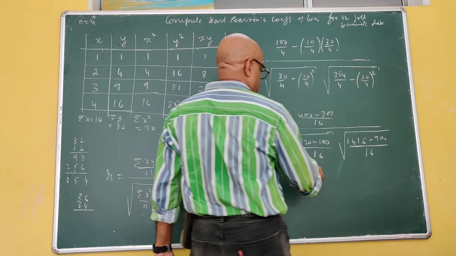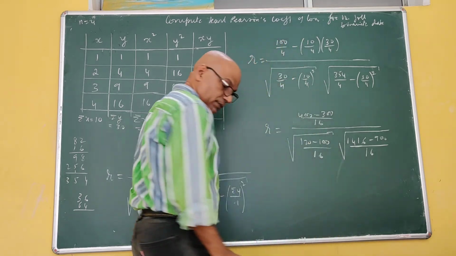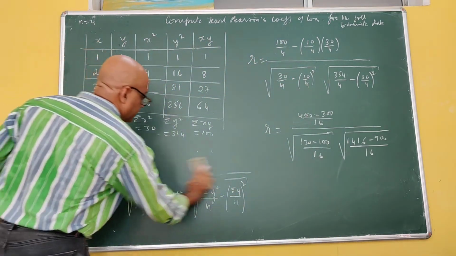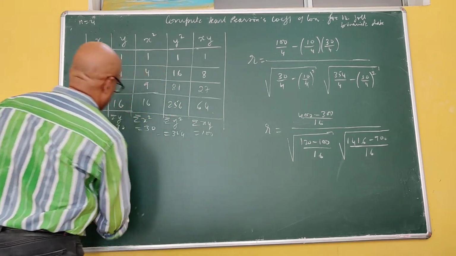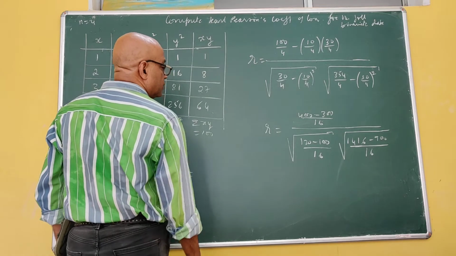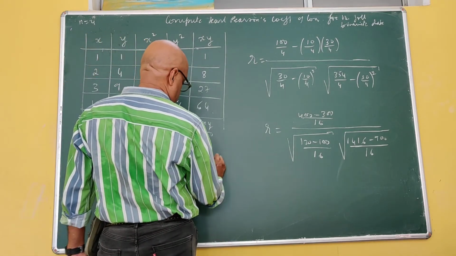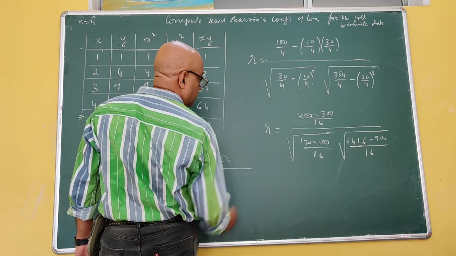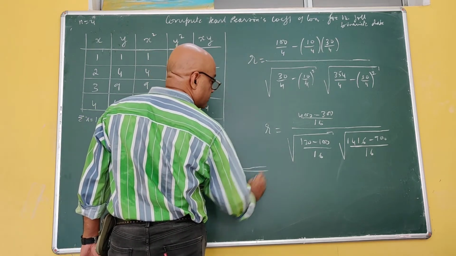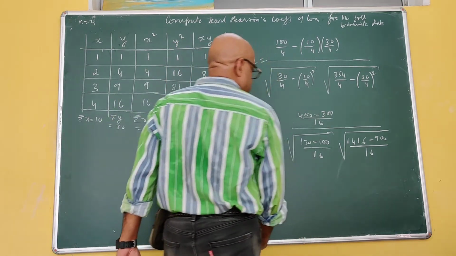Well, root 16 becomes 16, goes out, so R becomes equal to, what will you get? R will be 100 divided by root of 20 into root of 516, I guess.